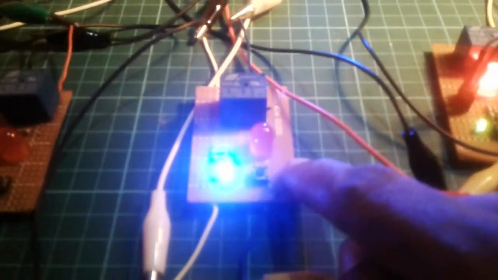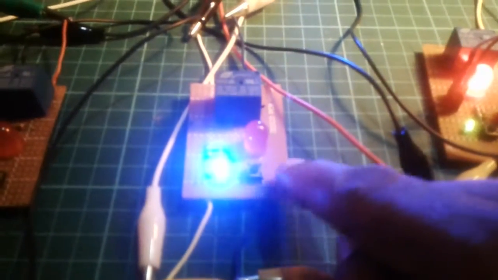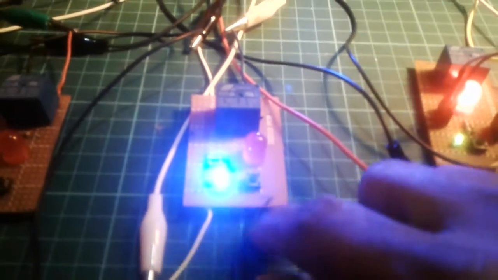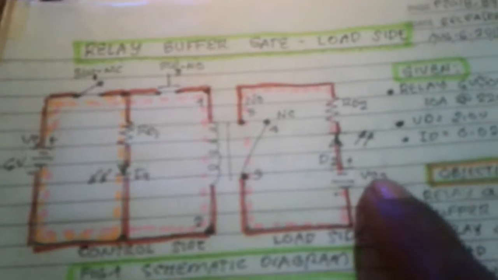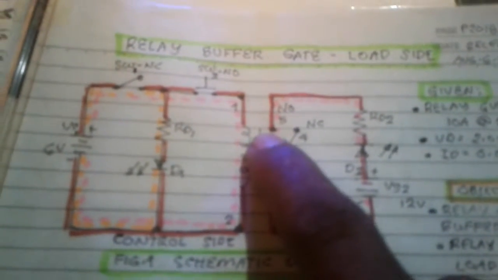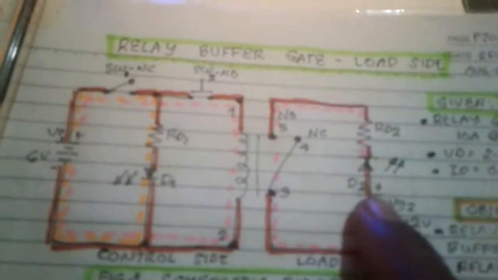As you have seen in our previous circuit, it also has two power supplies. This is the 6 volt power supply, and the other one is 12 volts, just like in the diagram here, and the LED is connected this way to pin 5 of the relay. So normally there's no current flow, there's an open circuit here.